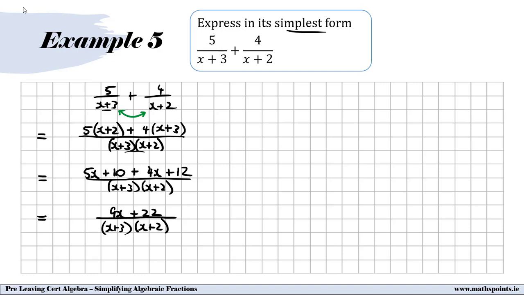Now, one way people like to think about this, but this only works if the common denominator is the product of the two terms. So if we have x plus 3 and x plus 2 and we're happy that that's the common denominator, well then we can just multiply the numerator, 5, by the denominator of the other term, x plus 2, plus 4, the numerator, by the denominator of the other term.